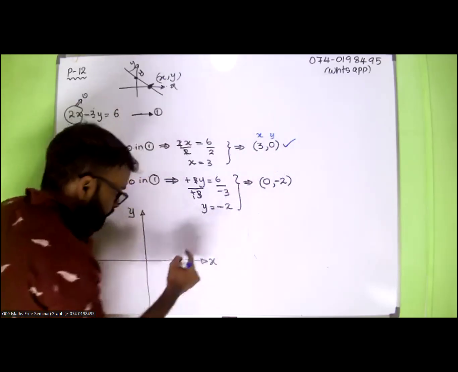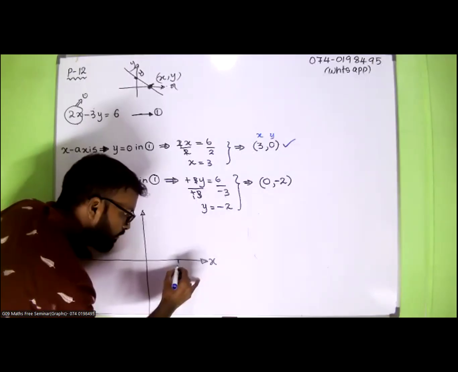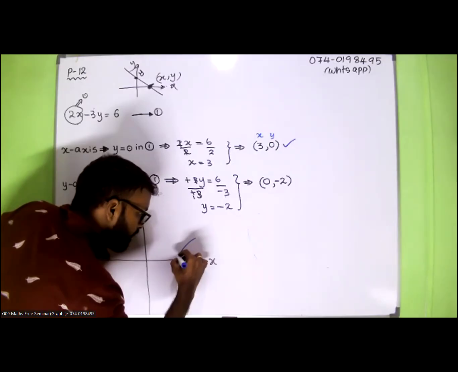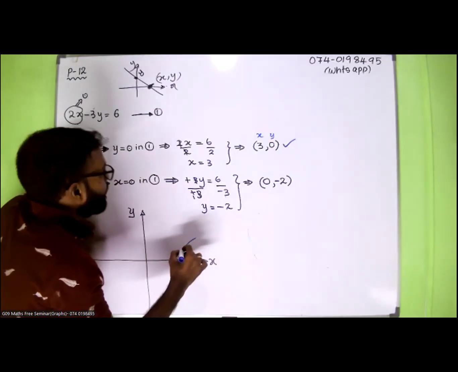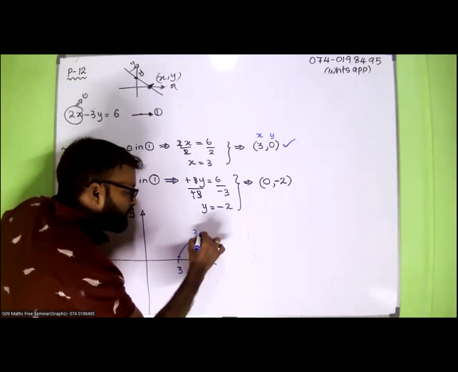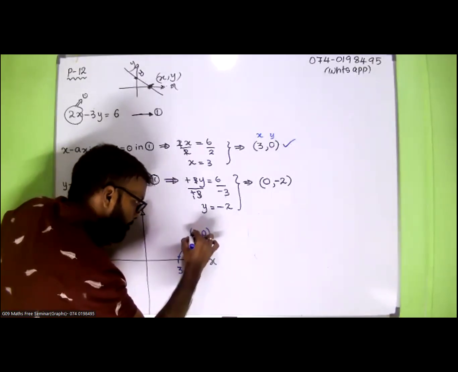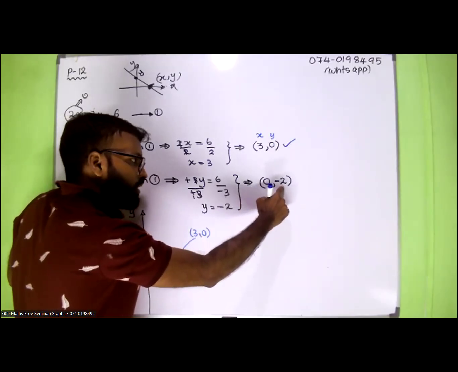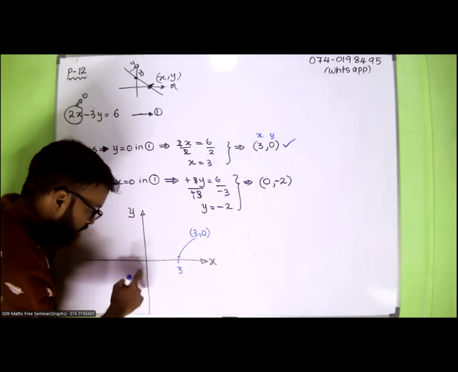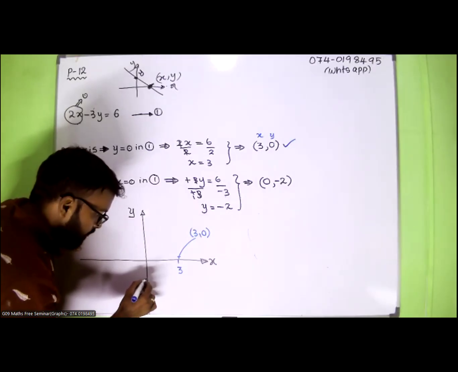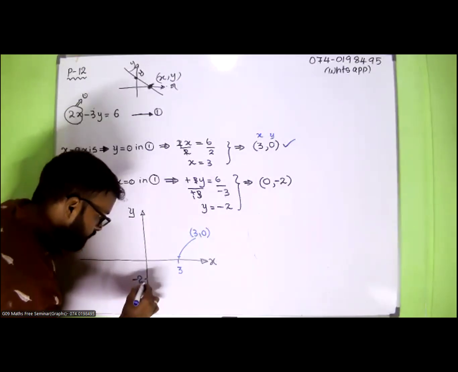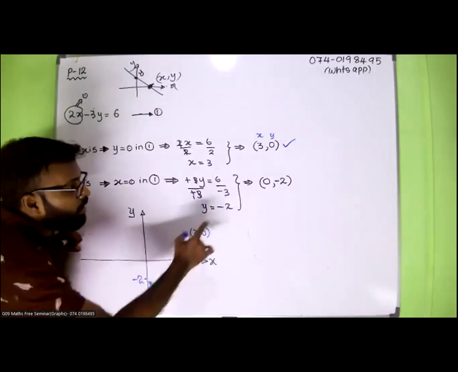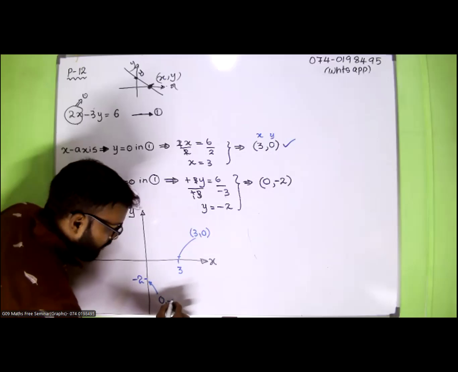X 3, 0, so somewhere around here. This is 3 on x. So this is my point 3, 0. Alright. Then 0, minus 2 is somewhere around here. So this point is 0, minus 2.